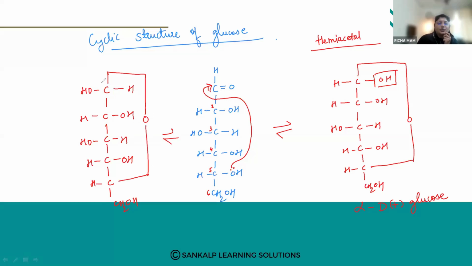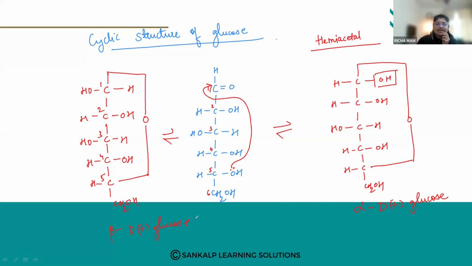So here again, 1, 2, 3, 4, 5, right? And this is a six-membered ring, right? Six-membered ring. So here you can see that this name is what? Beta D glucose. Okay, so this is beta D glucose.